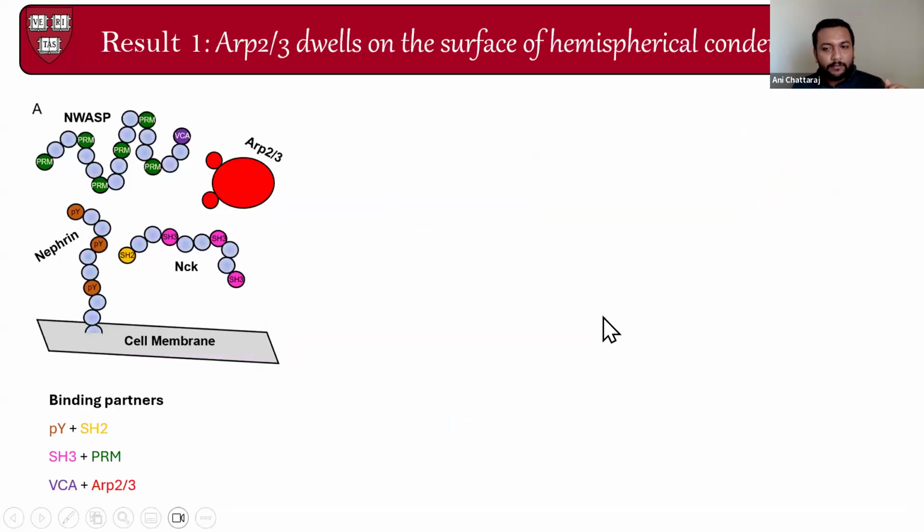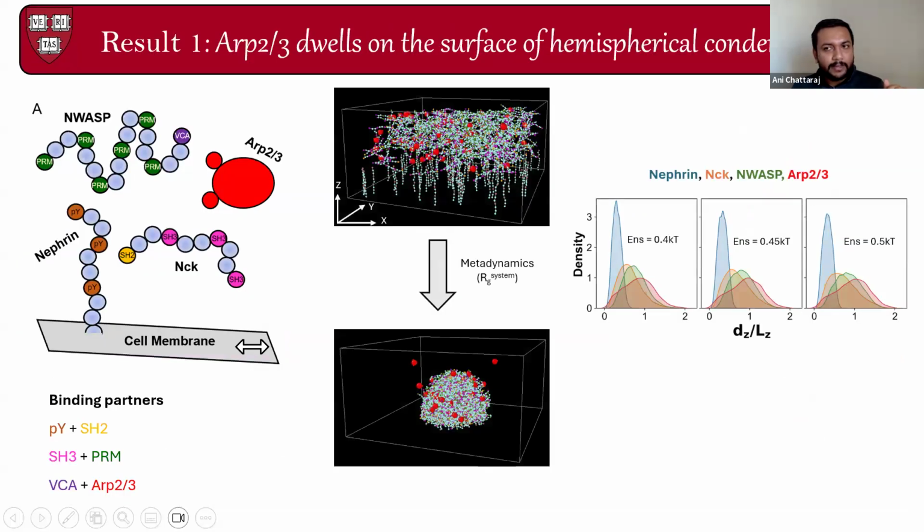Again, I'm not going to spend too much time, but the basic idea is the following: we have this nephrin molecule which is diffusing on a two-dimensional surface, and it can recruit all the other signaling molecules once they form the cluster. And once they form the cluster, this Arp molecule resides at the periphery of the cluster. That's the bottom line of this particular simulation.